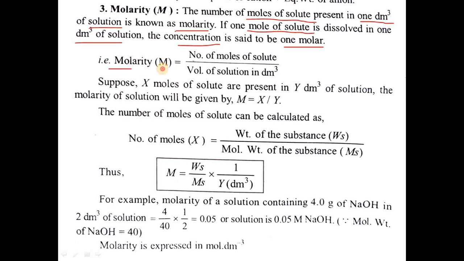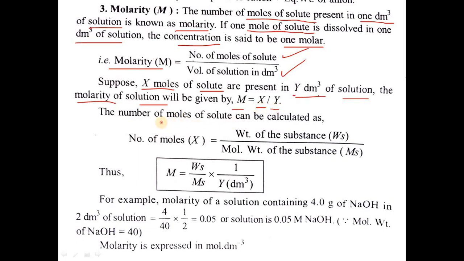So here molarity M is equal to number of moles of solute divided by volume of solution in dm cube. Suppose x moles of solute are present in y dm cube of solution, then the molarity of solution will be given by M is equal to x divided by y.